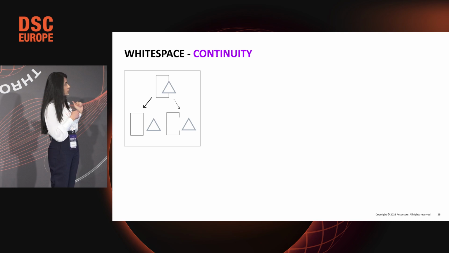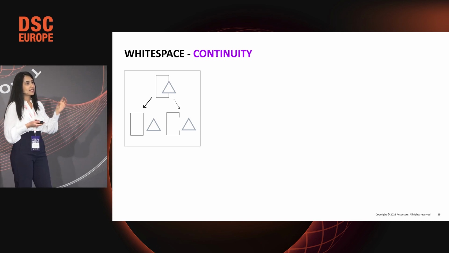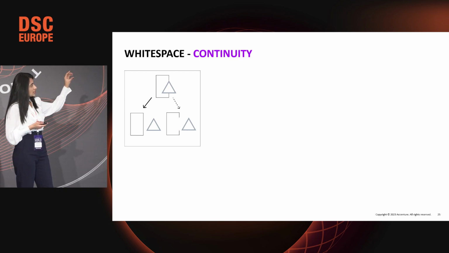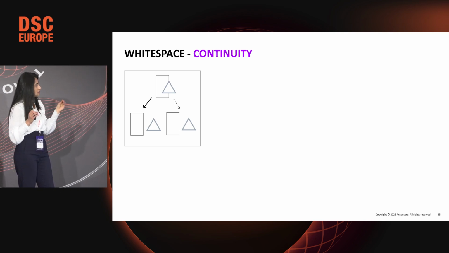Next, we will move to what is called continuity. So continuity goes one step further than closure. In this image, you see there are 2 shapes, a rectangle and a triangle. If I take these 2 shapes apart, many people will say that it is one rectangle and one triangle.